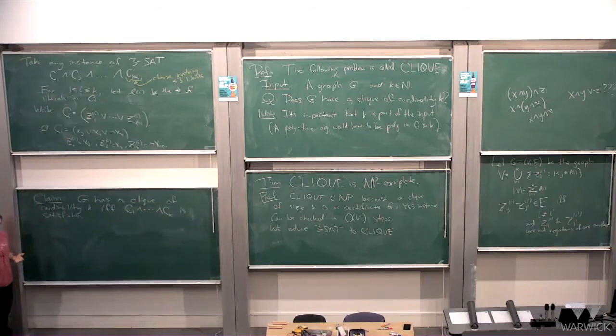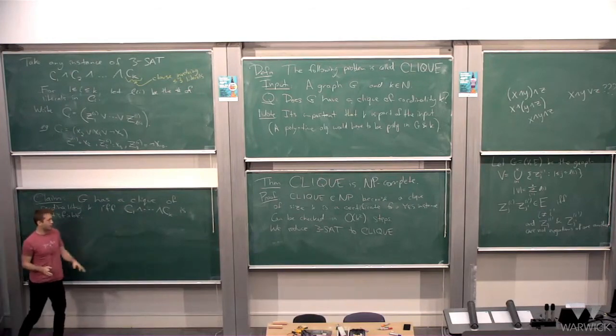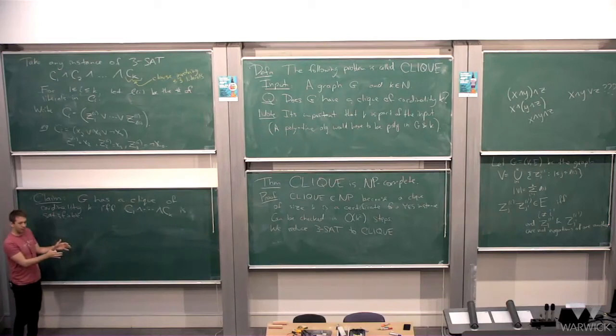So basically I'm claiming that by doing this transformation, we've exactly transformed this 3-SAT problem into the clique problem, and therefore the clique problem must be hard.